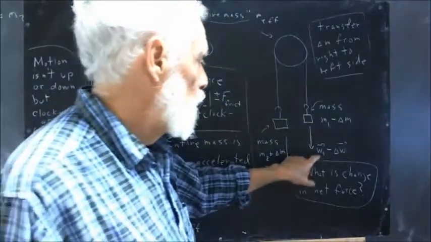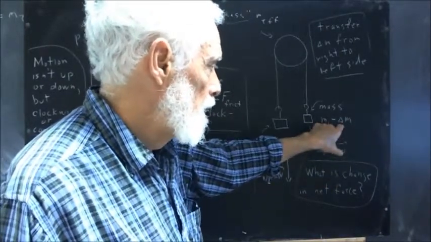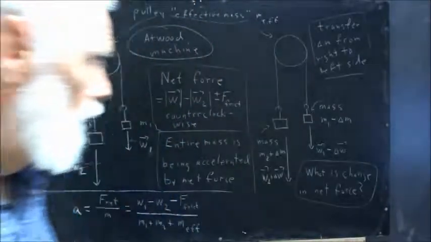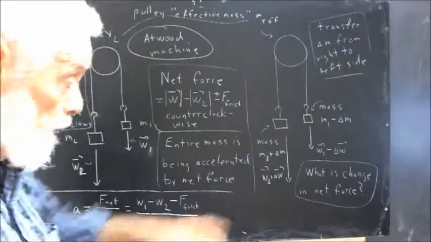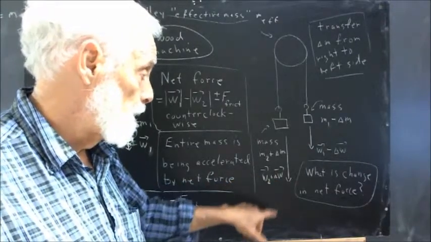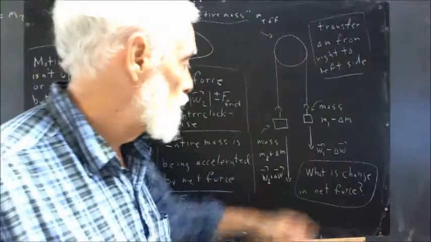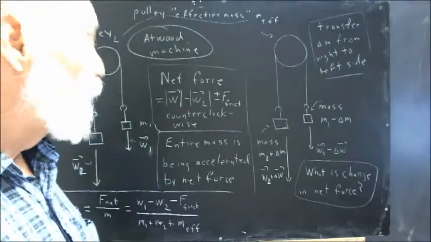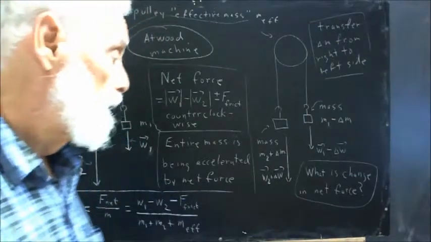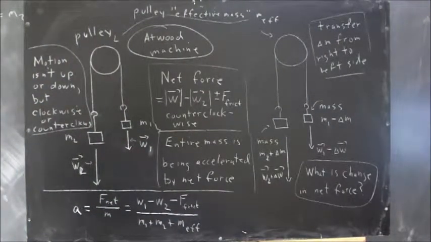So we're going to have weight W1 minus delta W, with delta W being the weight of the mass delta M. And on this side, we'll have weight W2 plus delta W having the same meaning. So the question now is, what's the change in the net force on the system? I'm just going to pause the video for a second. Of course, the pause will seem very brief to you, but I want you to think about that.